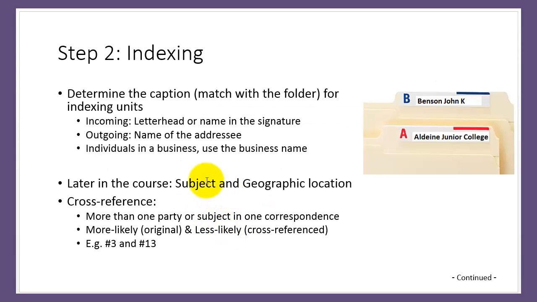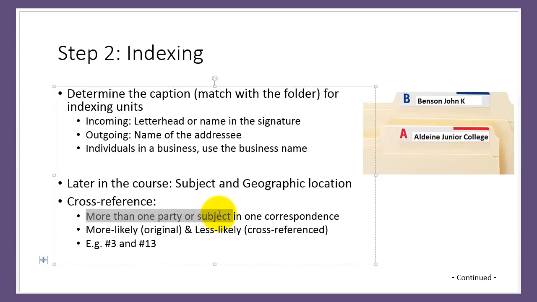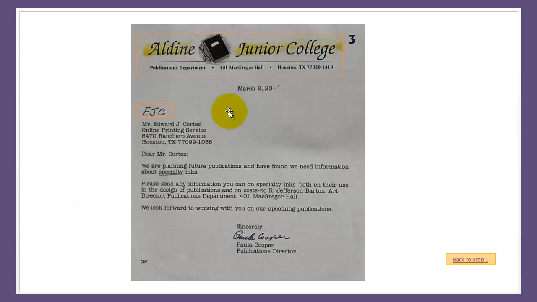All right. So later on, we will talk about the subject and geographic location in terms of filing, but that's for the next section. And sometimes we may have a correspondence cross-reference. So, for example, in a correspondence, you may have more than one party or one subject. For example, let's say you have somebody from Aldan Junior College talking not about the college, not about the order, but something else.